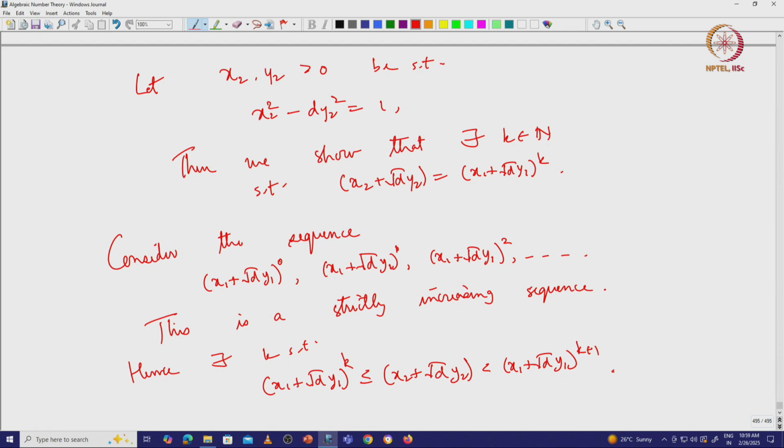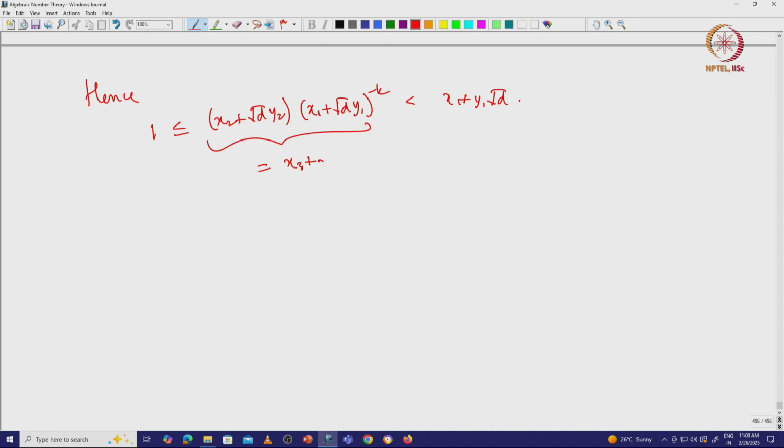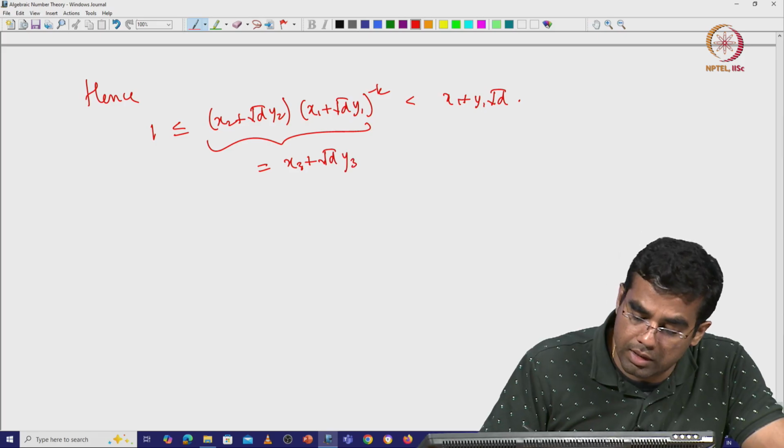So, I can rearrange this, I can divide out by (x1 plus square root of d y1) to the k and get, hence, 1 is less than or equal to (x2 plus square root of d y2) times (x1 plus square root of d y1) to the minus k, and less than x1 plus y1 square root of d, right. So, now you write this as x3 plus square root of d y3, right. You can write such an expression uniquely.